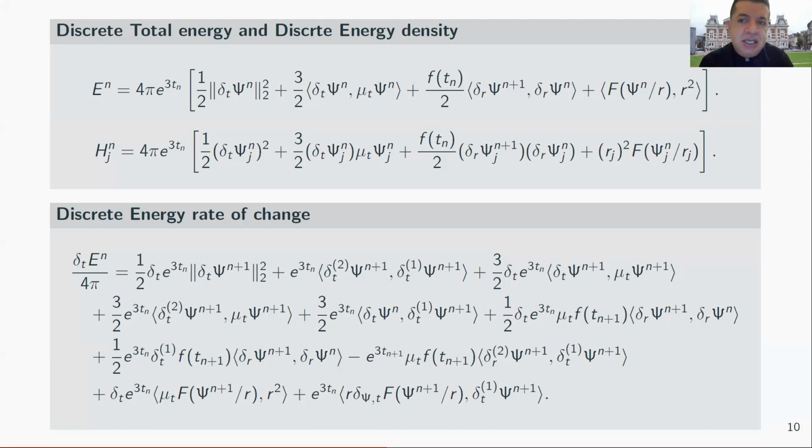So the energy and the energy density can be expressed in terms of these discrete operators, and the discrete energy rate of change can be written in the following form. It's a little bit large, but this is the expression.